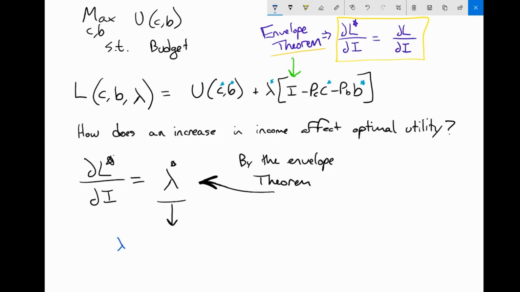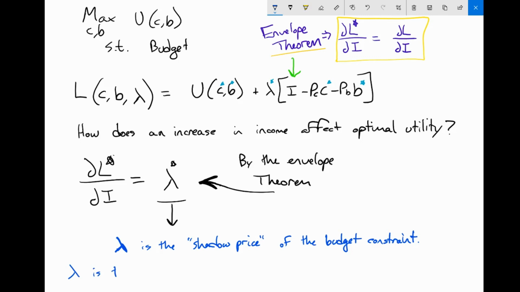Lambda is called the shadow price. Sometimes we'll say lambda is the shadow price of the budget constraint. What do I mean by shadow price of the budget constraint? Well, let me elaborate.